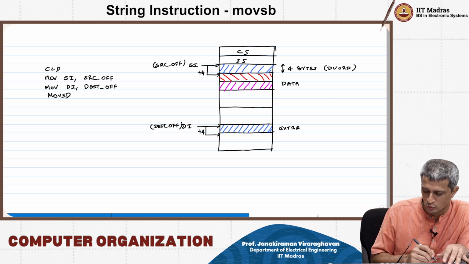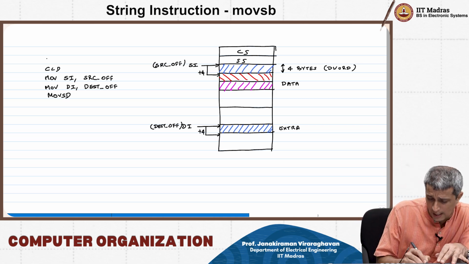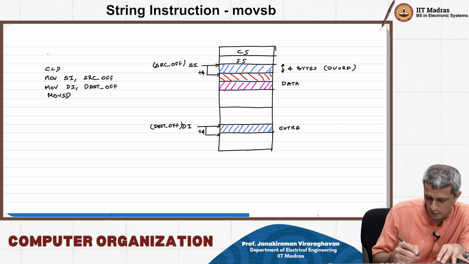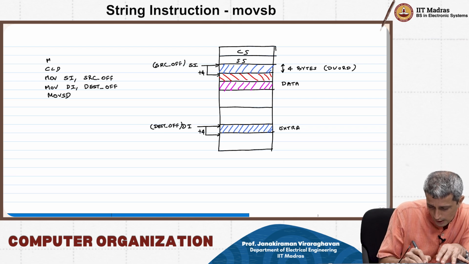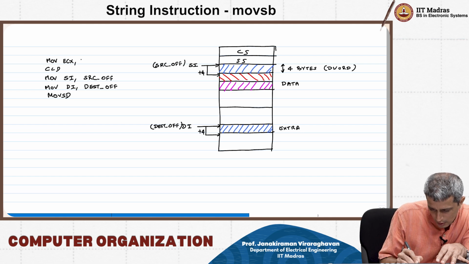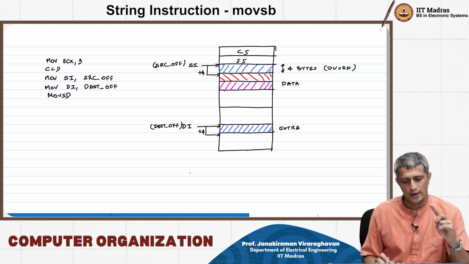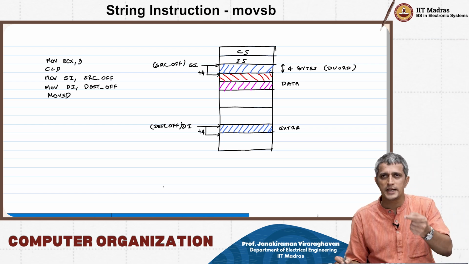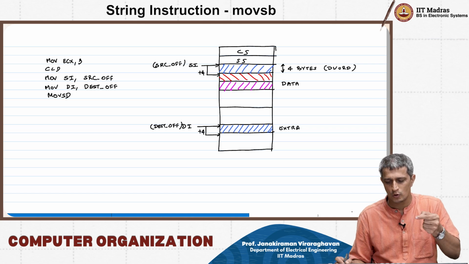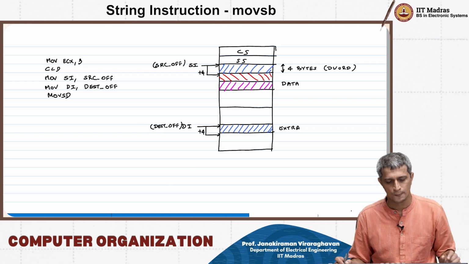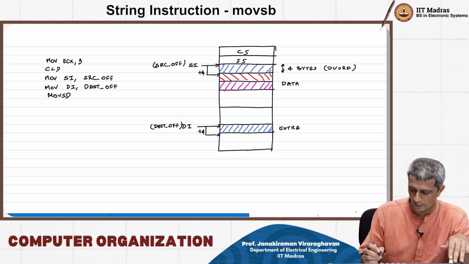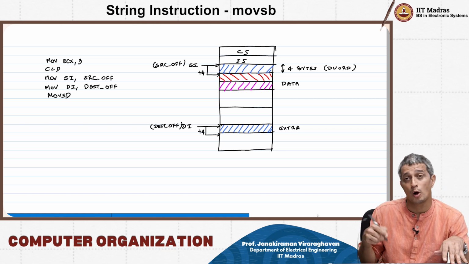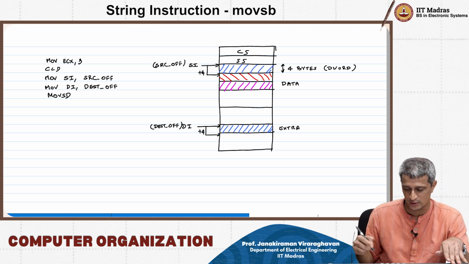And just like we did in the earlier case, let's say I want to move 3 D words, then I would say move ECX comma 3. So, every time the MOVSD is executed, it will increment SI and DI by 4, and every time the copy also happens in chunks of 4 bytes, right?